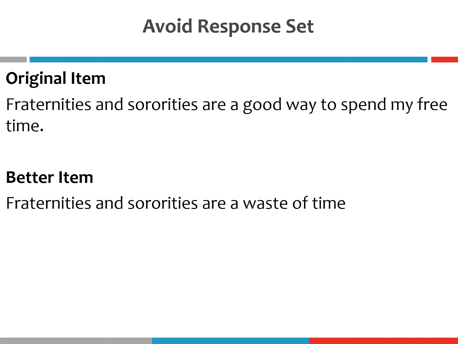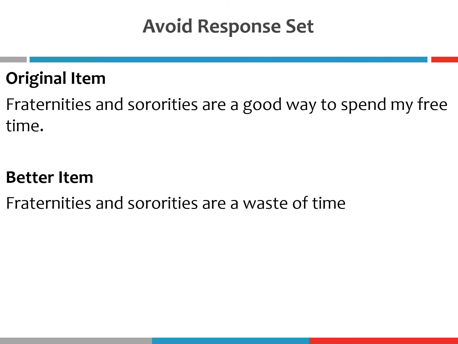So if we want a higher number to indicate a positive view of sororities, all we would have to do is reverse that, right? So now if a respondent strongly disagrees with the statement, that means they're higher in our trait. That means that they have more of our construct, or they're more likely to join a sorority. So what we could do is something called reverse coding.